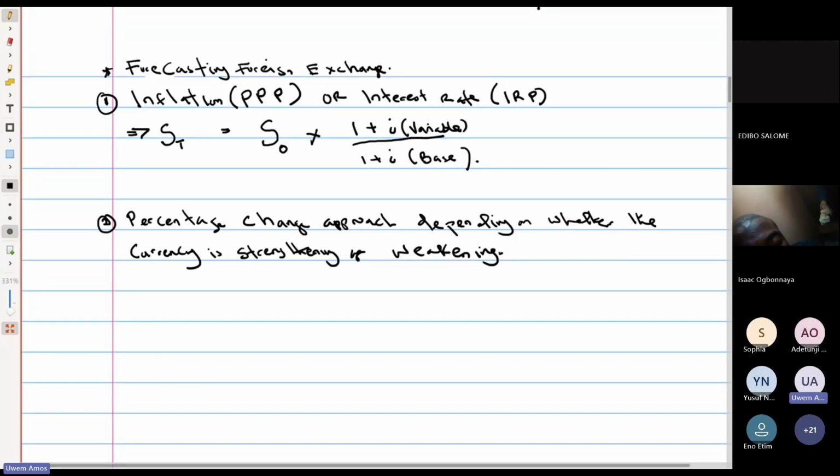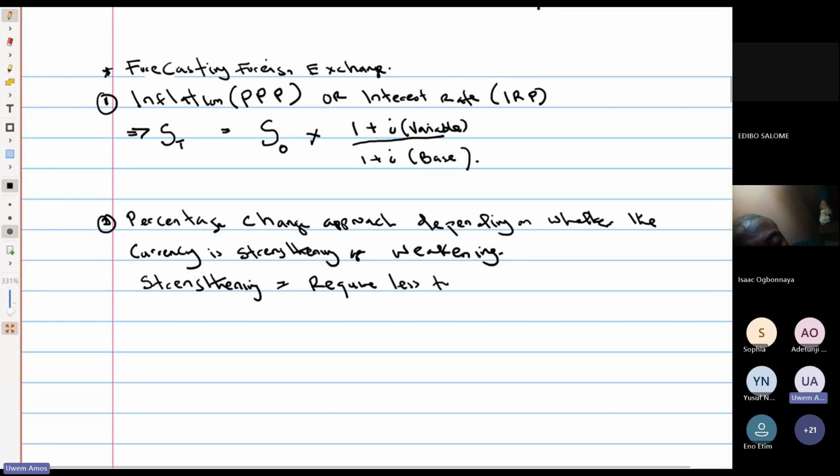It basically means that you require less of your currency to buy the other currency. That is what it means. So whenever you hear the term, oh, the Naira strengthened against the dollar, it means that you require less to buy the other currency.